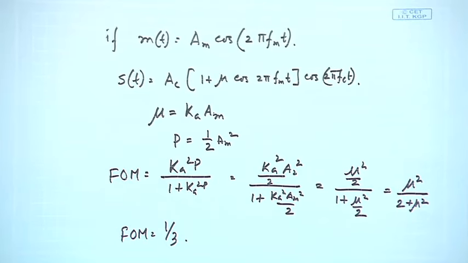That is the maximum I can achieve. Whatever happens for a tone modulation, we can already show that this is the best figure of merit we can get. It can become even worse than this, but this is the best we can get. So, this is 1/3 times worse than the corresponding DSB-SC modulation.